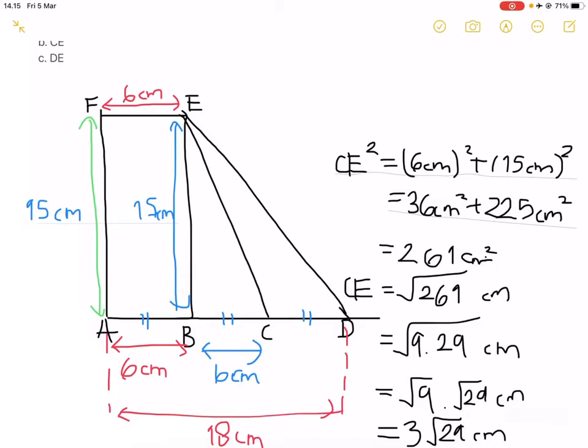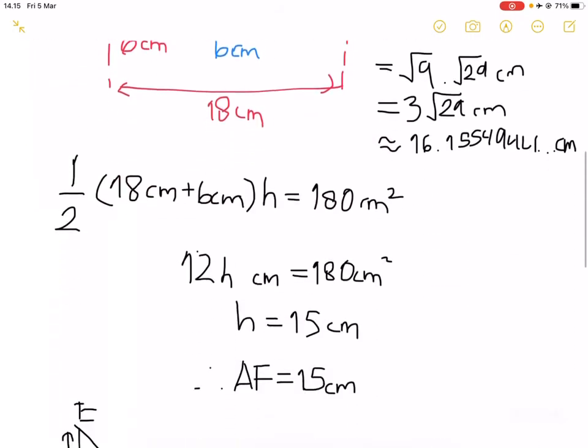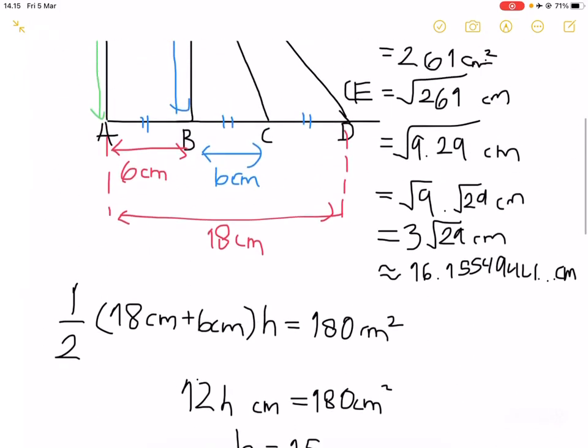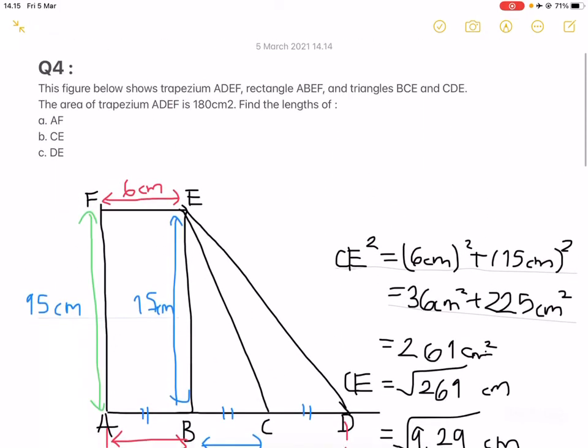However, the bases are different, and one is 6 centimeters, one is double, which is 12 centimeters, and obviously the bigger triangle we have the bigger hypotenuse. So that's how you find which side is bigger without actually calculating it.